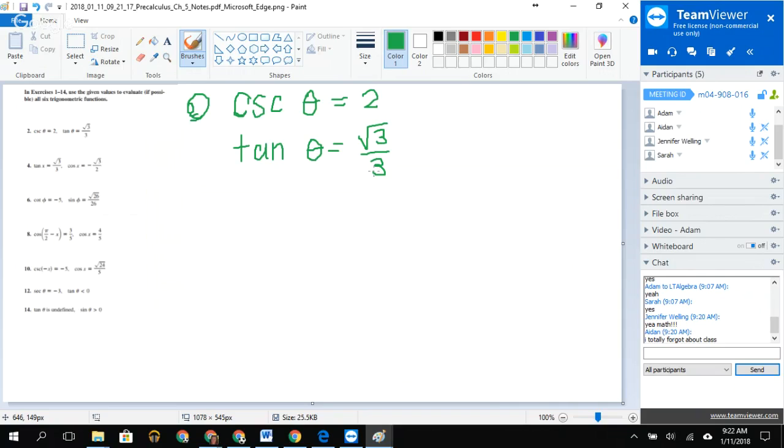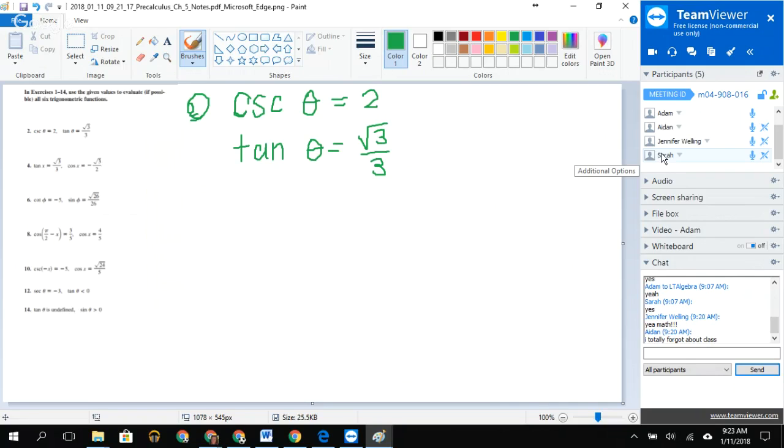There's more than one way to do this. Technically, I think the book just wants you to use all of your definitions. I'll be honest, when I started doing this, I just busted out my SOHCAHTOA and figured out what the hypotenuse and the adjacent and opposite sides were, and then went from there. But if we're going to use properties, let's just use our properties.